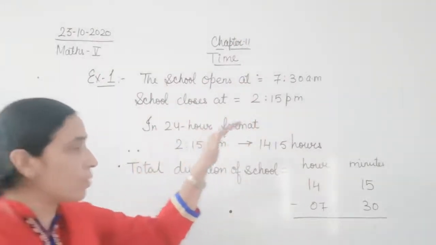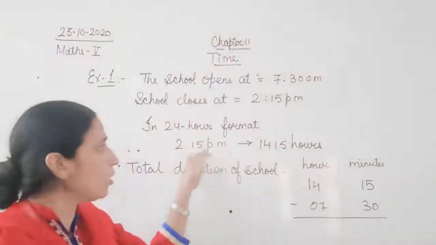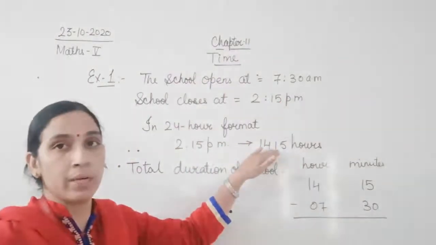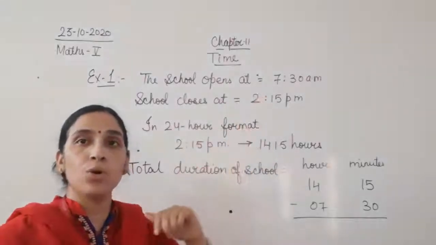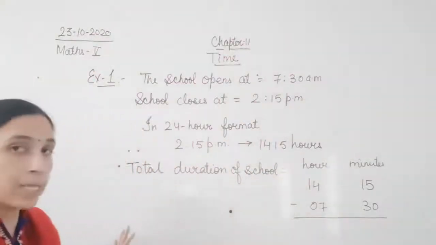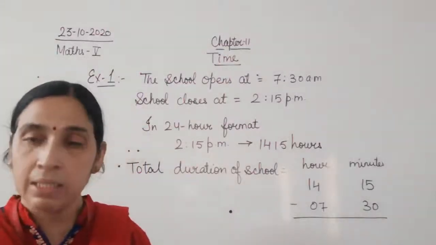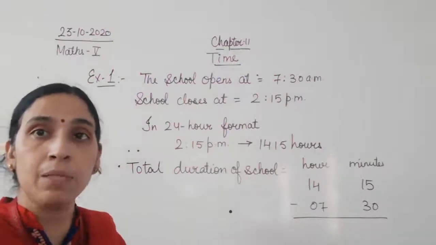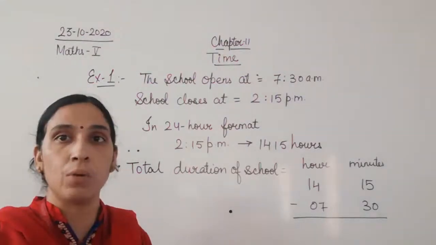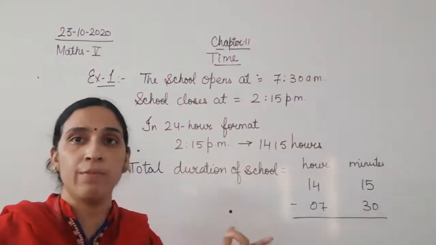Whatever time is given in PM, only that you write in 24-hour format, and the other one, which is already the lesser one, can be subtracted from that. So to find time duration, the time given in PM must be written in 24-hour format, because 7:30 will remain 7:30 in 24-hour format also.